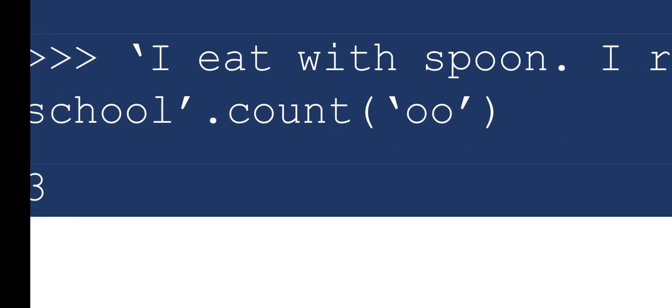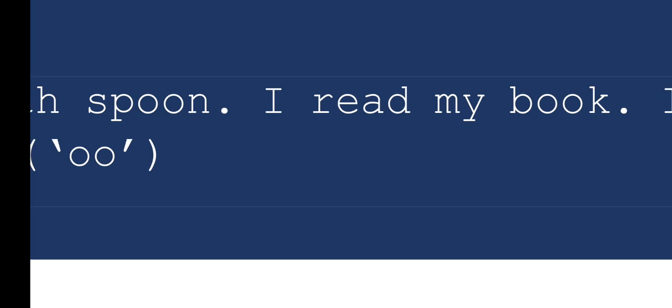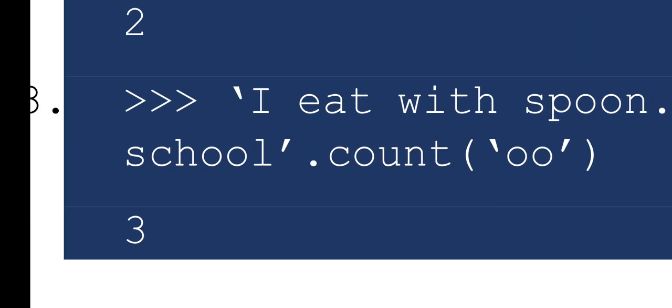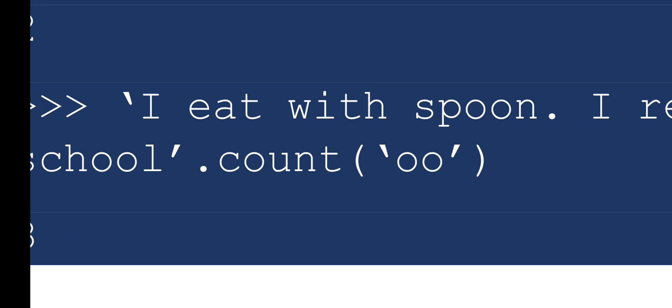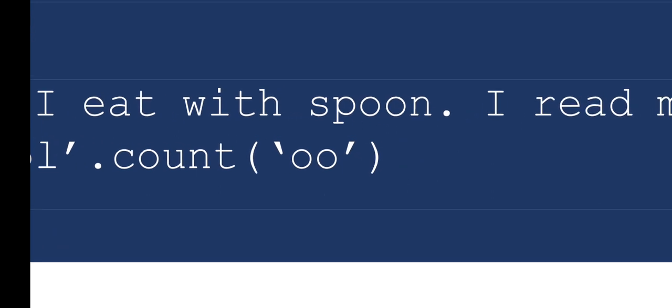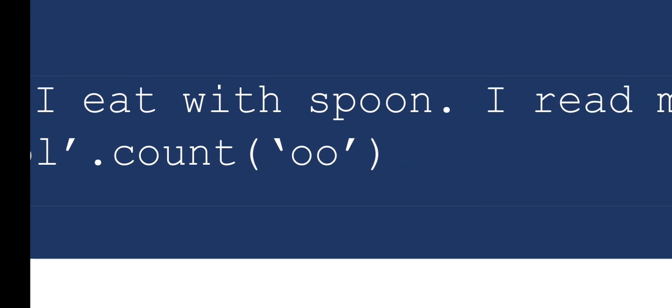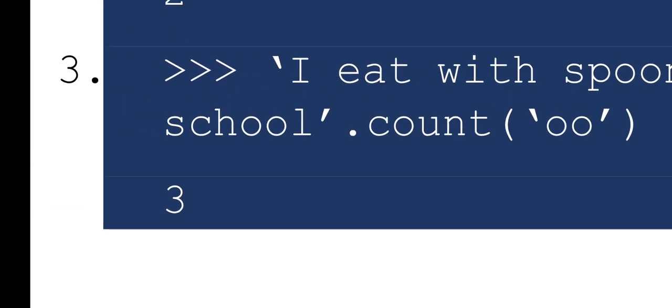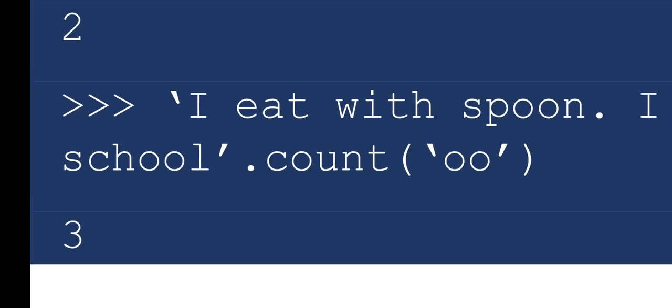And this is example 3. I eat with spoon. I read my book. I go to school. Dot count, with double O as the argument passed to the count method. Let's look at the output. The output is 3. This means that there are 3 occurrences of double O in the text.